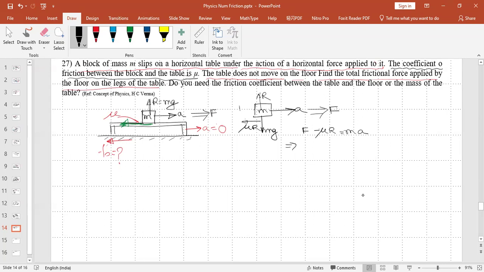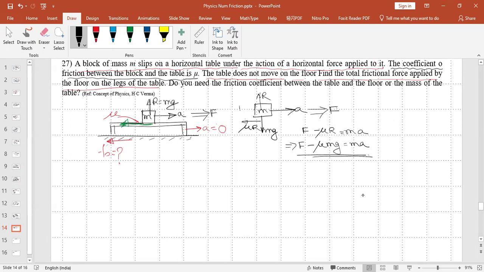From here, we can write F minus mu R, where R is equal to mg, is equal to ma. Right? So this is one equation.